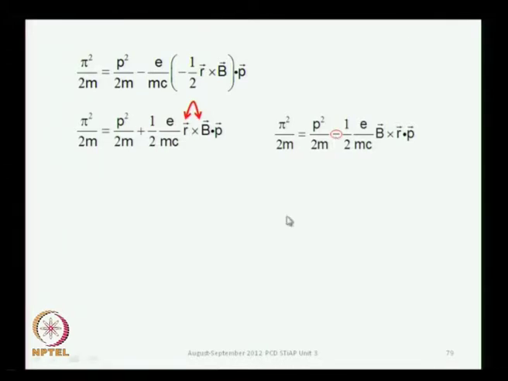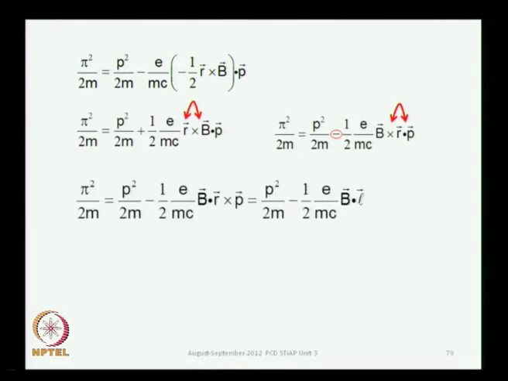And then you have a scalar triple product B cross r dot p, and you can interchange the dot and the cross and look at this as B dot r cross p, because that is what gives you the orbital angular momentum operator. So, you get the B dot r cross p, which is the B dot L operator.